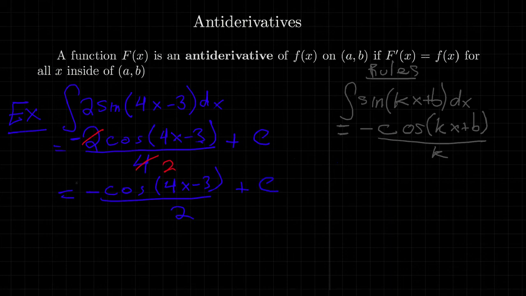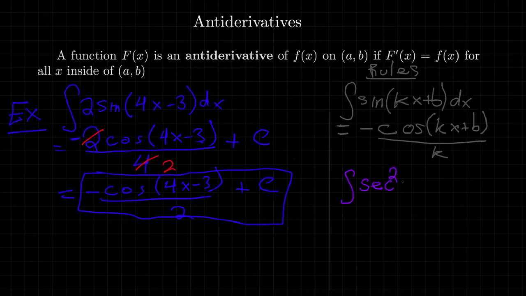And if you get the derivative of this, you should get 2 sine of 4x minus 3 back. So that's the point. Cosine is very similar. You can find all of the rules in your book, and in the formula sheet that I have for you.